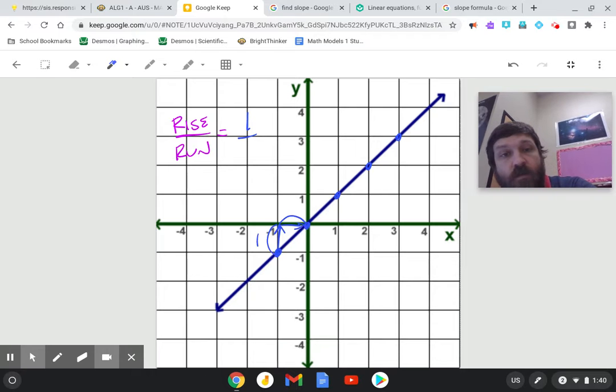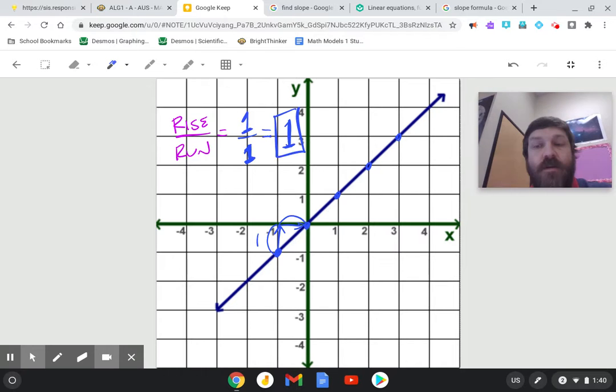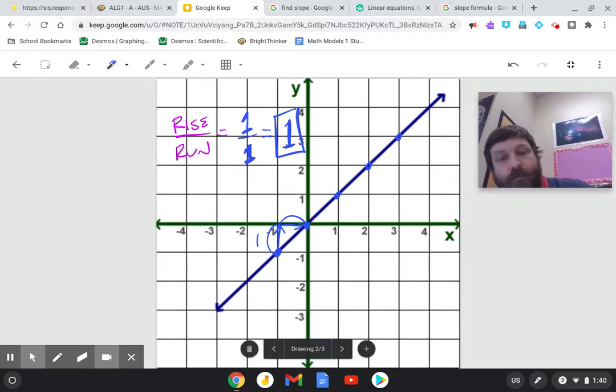So it's 1 over 1. So the slope of this is 1 over 1, which simplifies to be just a value of 1. Your answer doesn't have to be a fraction. In this case, 1 over 1 simplified to be just 1. And so this one has a slope of 1.